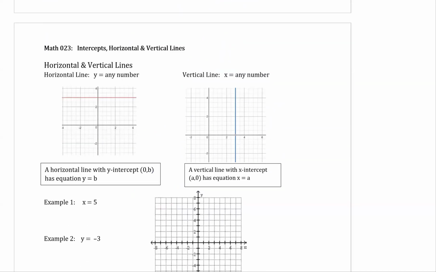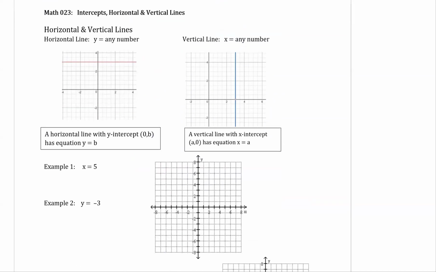All right, let's talk about horizontal and vertical lines. A horizontal line is y equals any number. So my red line right here goes through the y-intercept of 3. It is a horizontal line, and a horizontal line is in the form of y equals the y-intercept.